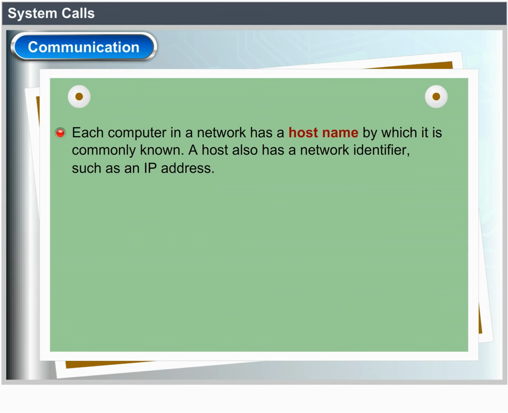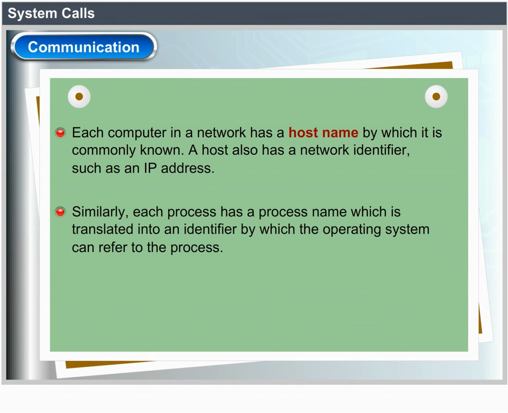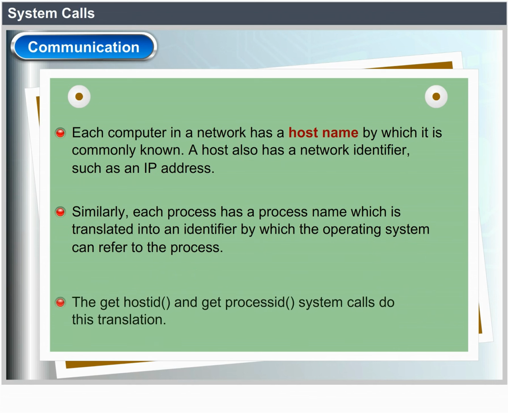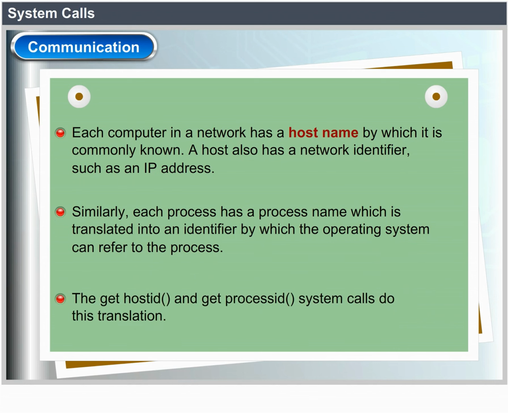A host also has a network identifier such as an IP address. Similarly, each process has a process name, and this name is translated into an identifier by which the operating system can refer to the process.